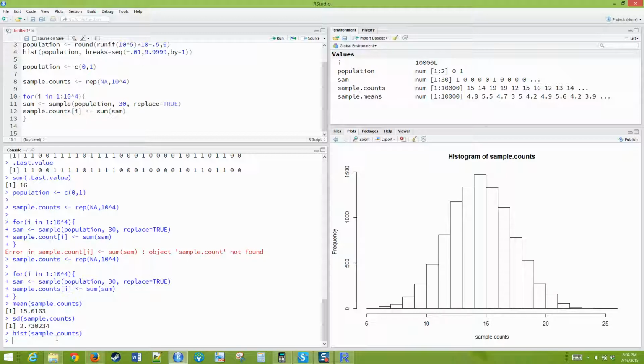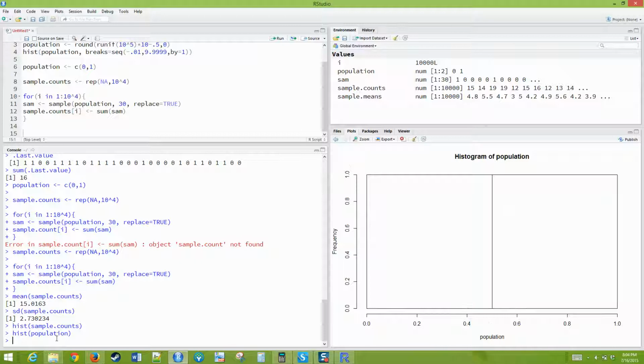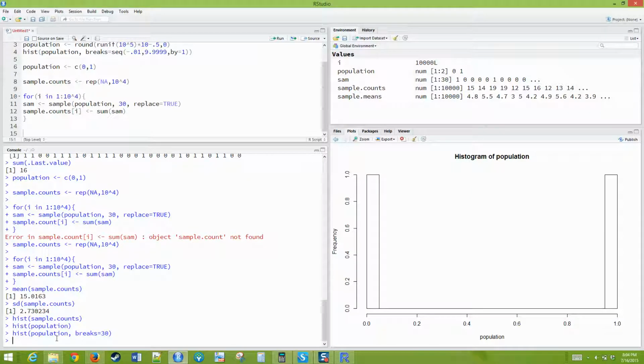I did not. I'll show you what the histogram for the population looks like, though. And this is not very good. Let me do the population with breaks equals, let's do 30 here. Basically the population only has a 0 and a 1, right? But I'm drawing from it 30 times, and I'm adding up how many times I draw 1 or how many times I draw 0. So it would be very unlikely for me to draw the 1 all 30 times, and very unlikely to draw the 0 all 30 times.